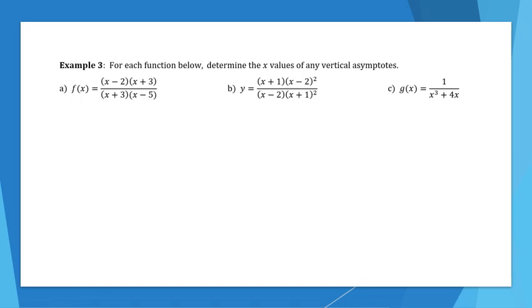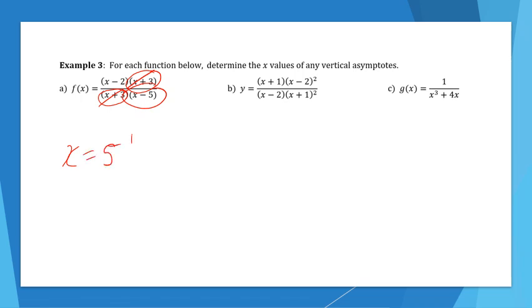Right, so example 3, for each of the functions below, determine the x values of any vertical asymptotes. So this, we see x plus 3 is in the top and the bottom, but it's equally heavy, which is not the same as bottom heavy. So we can eliminate that from being a vertical asymptote. The other one in the denominator is at x equals 5.